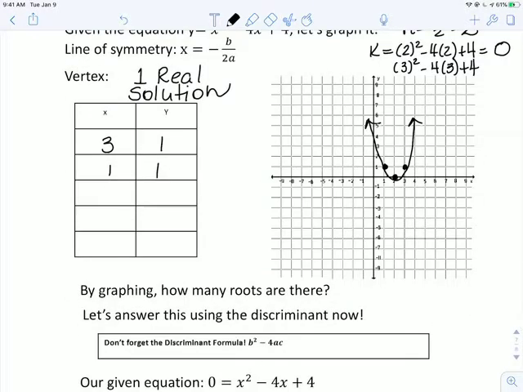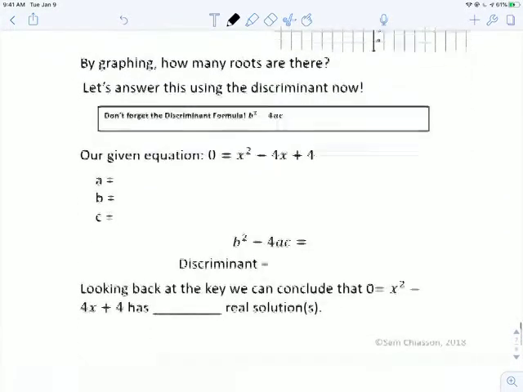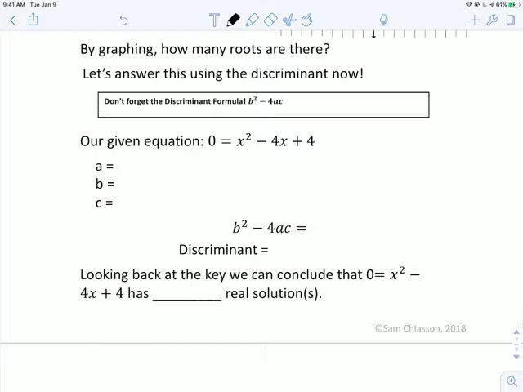All right, now let's use the discriminant and see if we can find that there was one real solution. So we found that in the quadratic, our a was 1, our b was -4, and our c was +4. So we're going to use the discriminant formula, b squared, notice I'm using the parentheses, minus 4 times a times c.